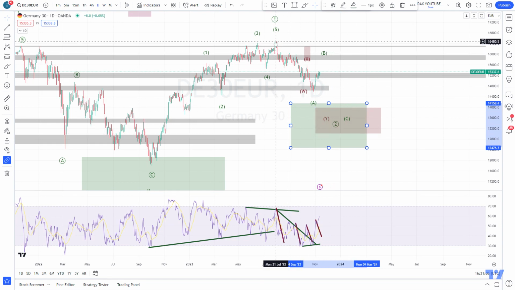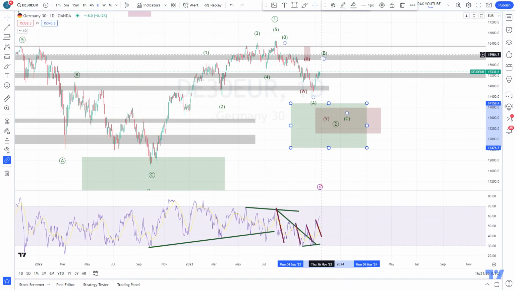So that means that we have an impulse here down in 5, 1, 2, 3, 4, 5. Now we have a corrective wave B up, and then from here we can come down again as a wave C. Another impulse then once we finished this wave B.